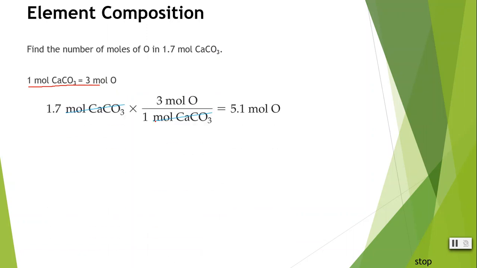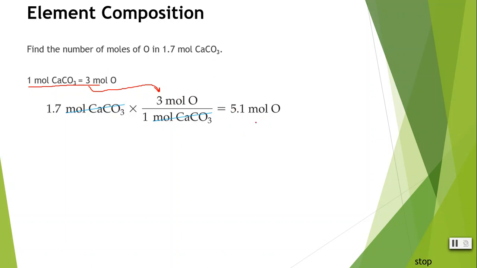And so you do that problem just like you would any other conversion problem. Write down number and unit that you're given. Leave yourself space to work the problem. Write down number and unit that you're looking for. Write your conversion factor appropriately so your units cancel. Do the appropriate multiplication, and you're left with moles of oxygen.